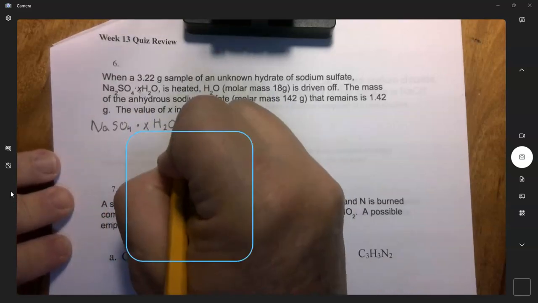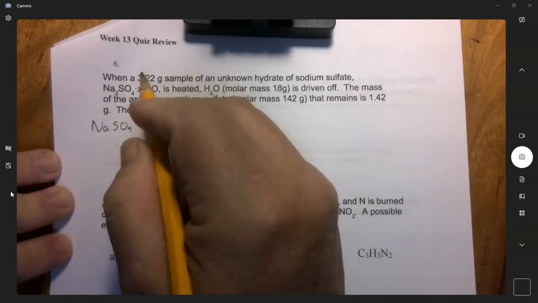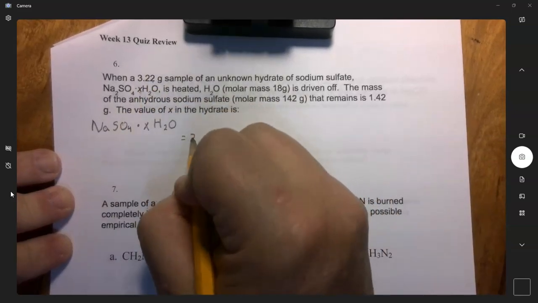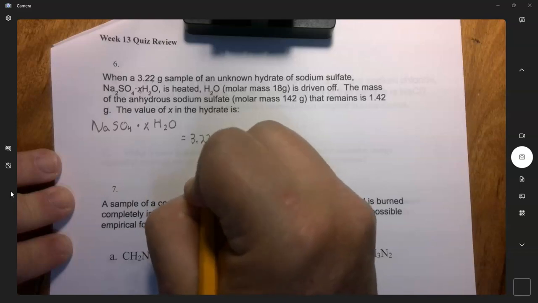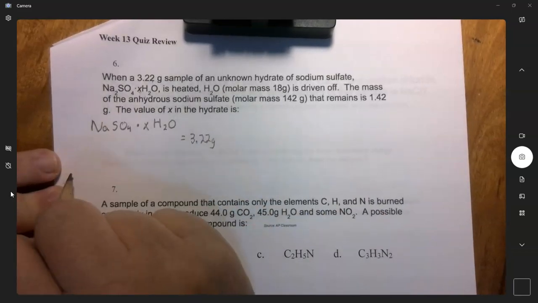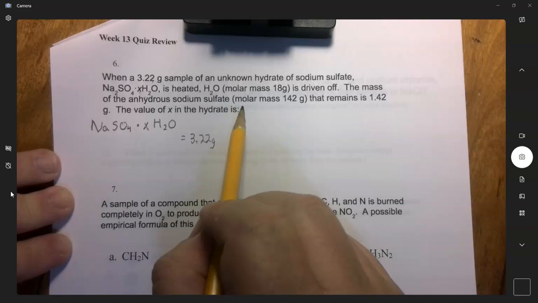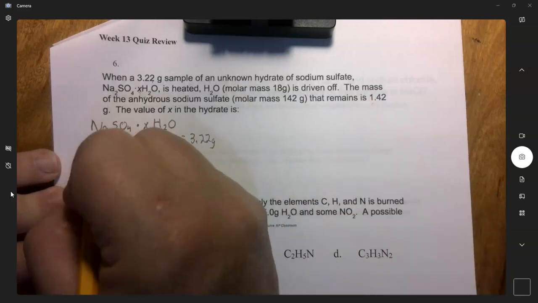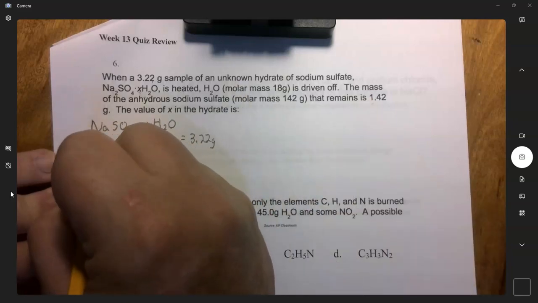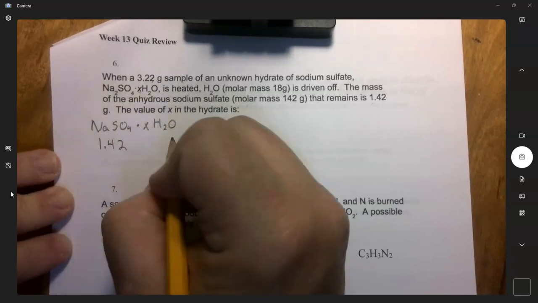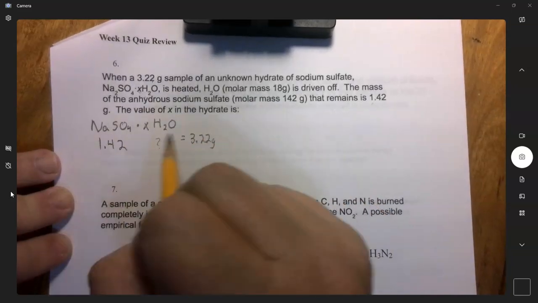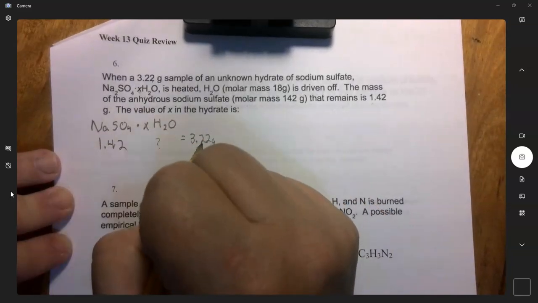So what I'm going to do is say that these two equal 3.22 grams. That's what they say the weight of the sample is. And they say when the water's driven off, the mass of the anhydrous sulfate is 1.42. So that's this right here, the NaSO4. Okay, and this is a question mark. We don't know what this is, but we know that this is 142. The total thing is 322.